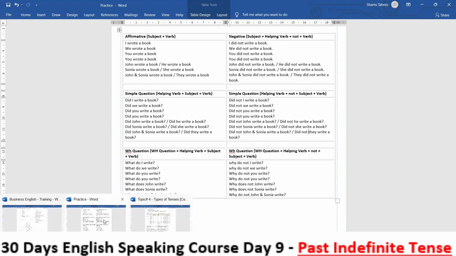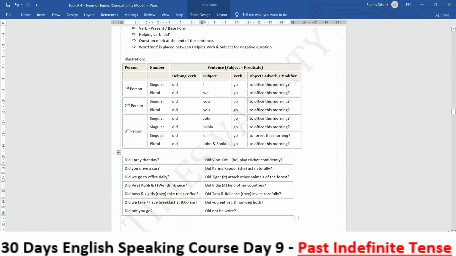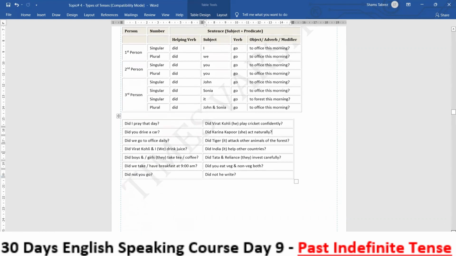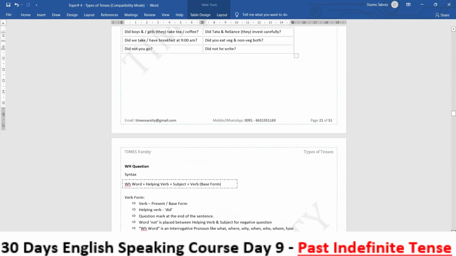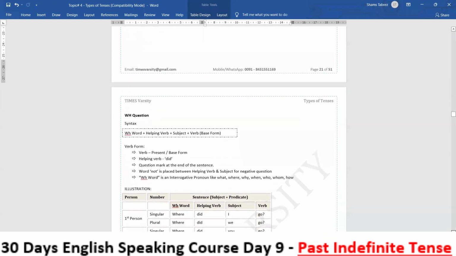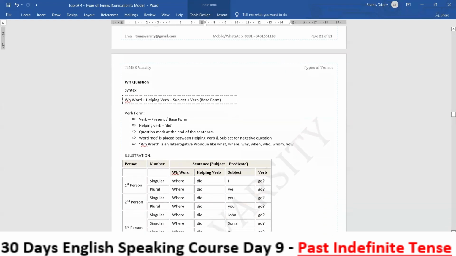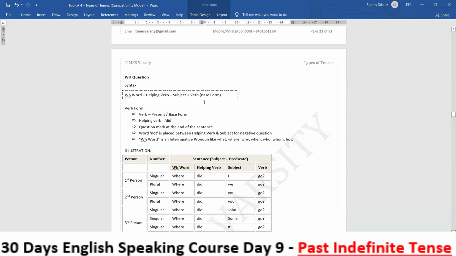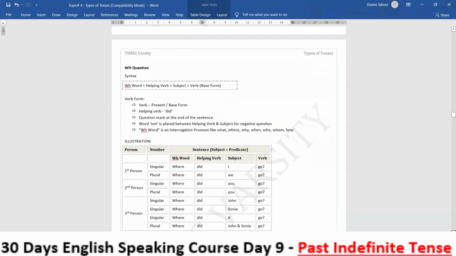Now let's discuss WH question in past indefinite. As we know, all WH questions start with a WH word, then helping verb, subject, verb, and here the verb is the base form. The helping verb did is used, and a question mark is at the end of the sentence because it is a WH question.